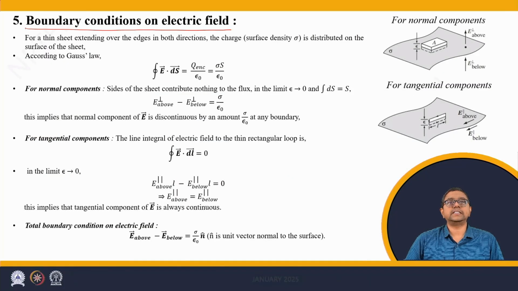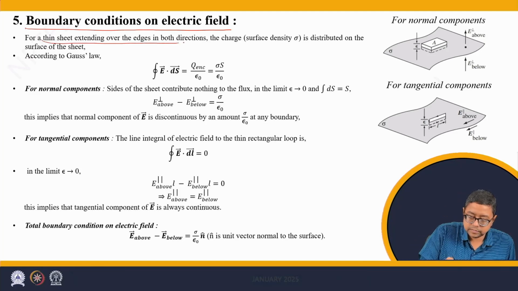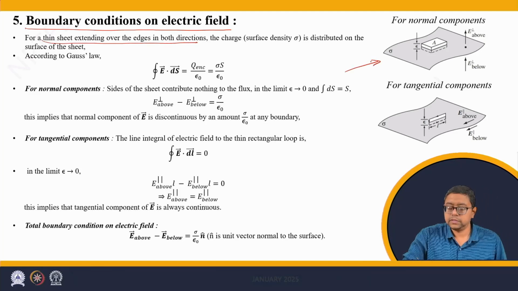Next, we will discuss the boundary conditions on electric field. The boundary conditions on electric field refers to the conditions that may be imposed on the boundary which encloses the region where electric field exists. For example, let us consider a thin sheet which extends over the edges in both directions. This is shown in this diagram.